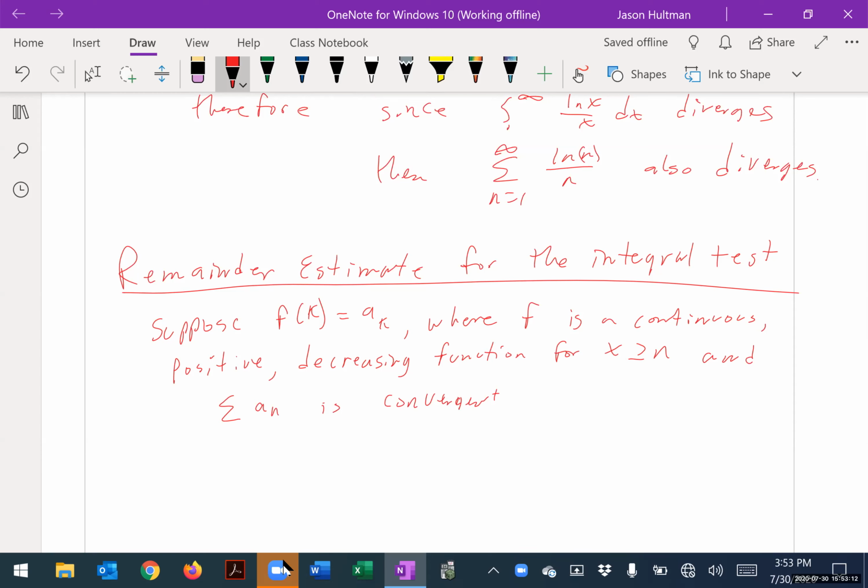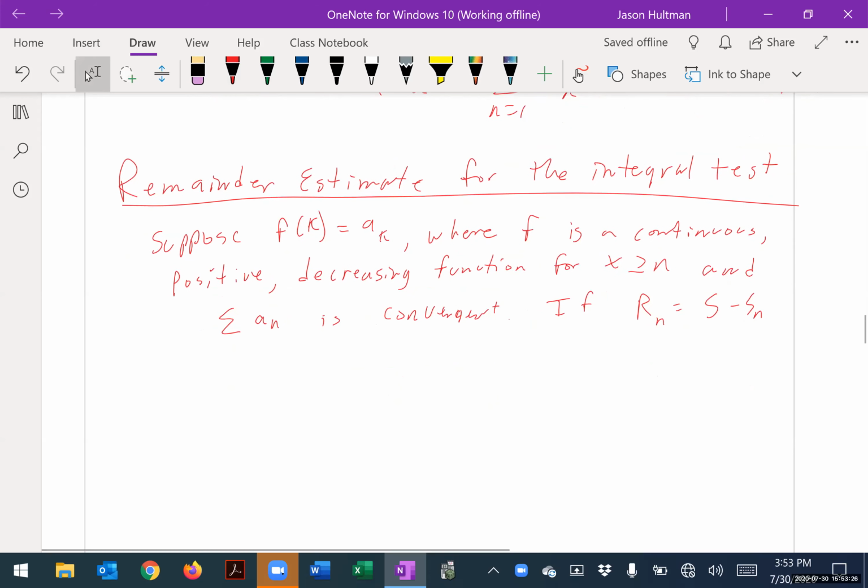Okay, so we get a value, it's convergent. If r sub n is equal to s minus s sub n, then the remainder here, r sub n, is sandwiched between two items.